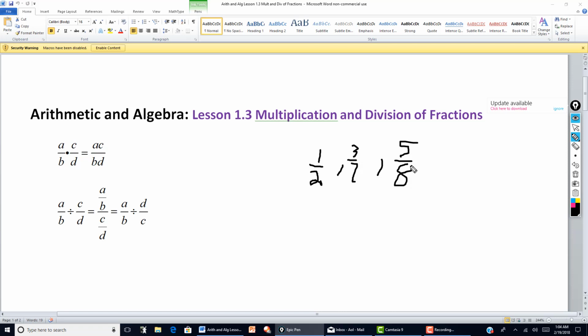So if the numerator of the fraction is less than the value of the denominator, then it's a proper fraction. Fractions such as 3/2, 7/3, where the numerator is greater than or equal to the denominator, are called improper fractions.